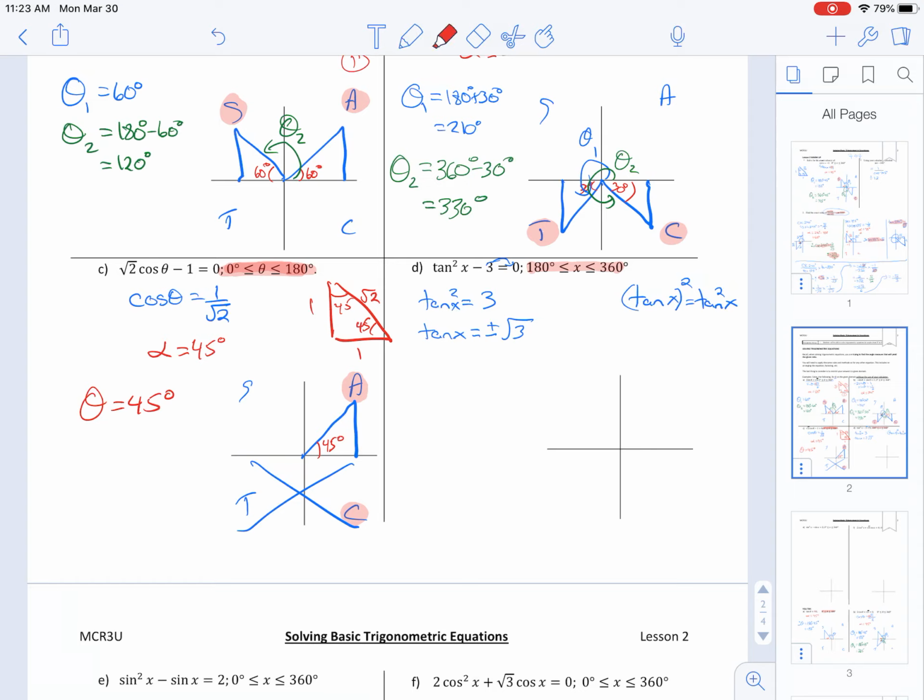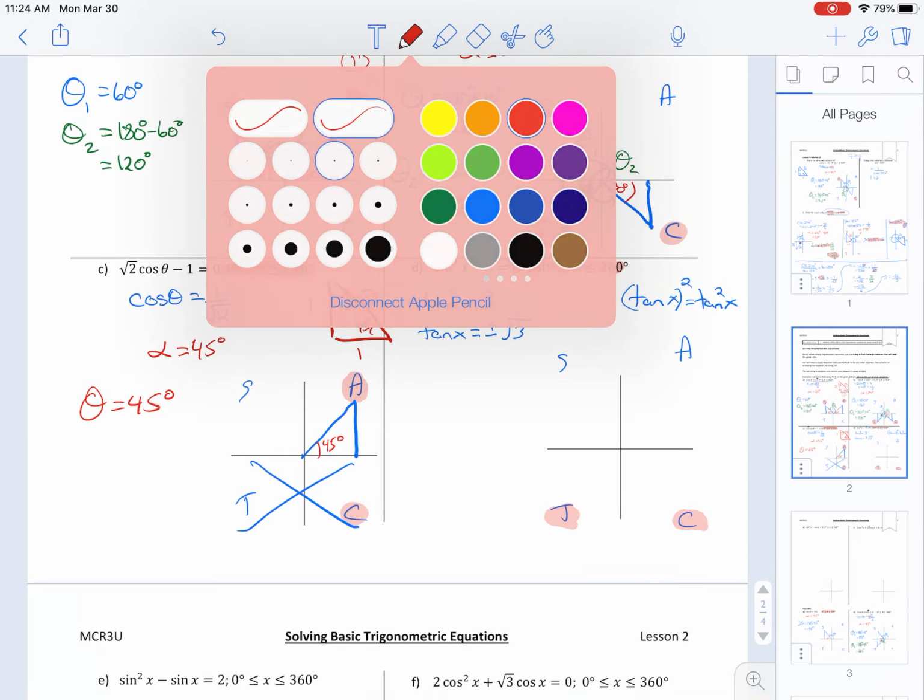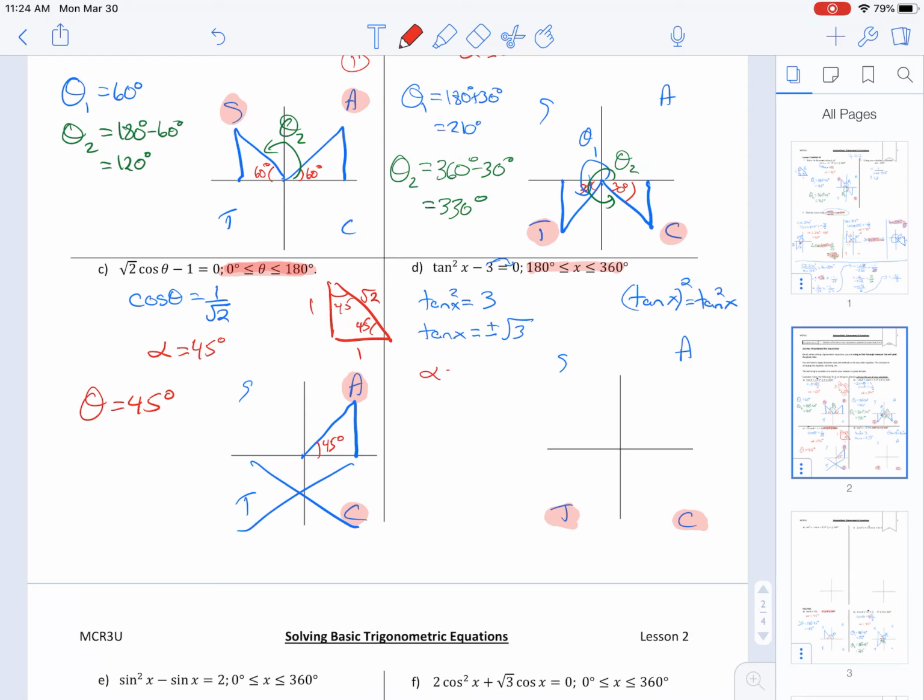In this case, because they're only asking between 180 and 360, my answers are just going to fall from down here. But because it's plus or minus, it could be any of these. It's really all of the 4 quadrants, but I'm going to focus on these 2 for tan. So approach this just like you normally would.